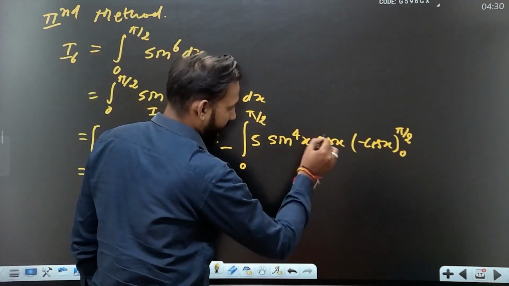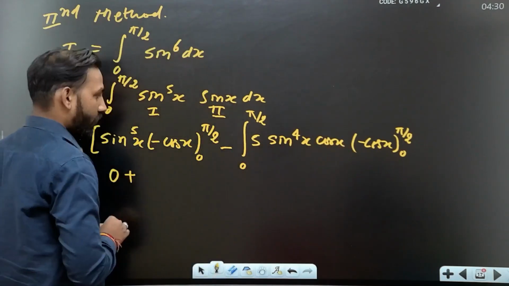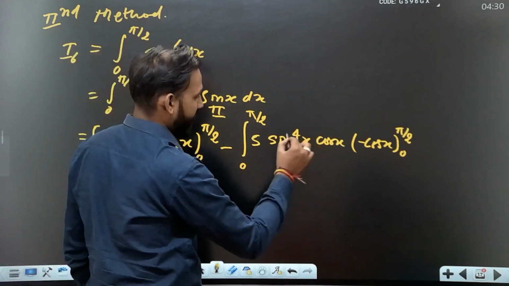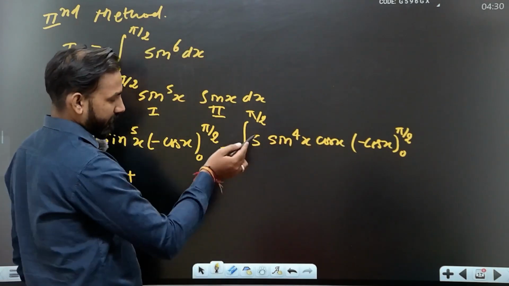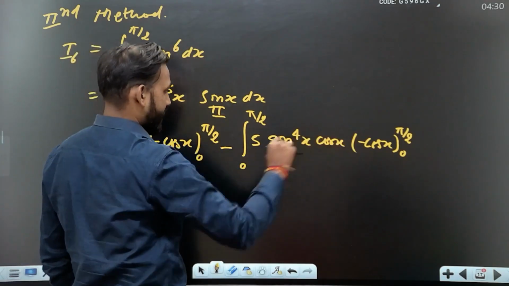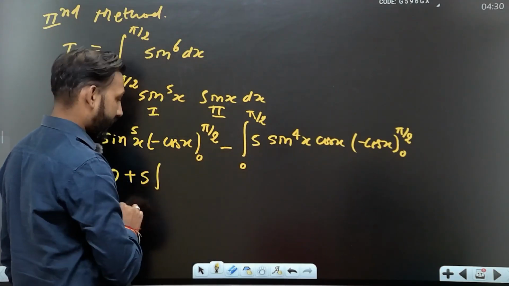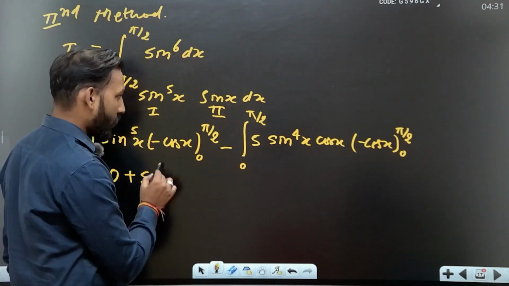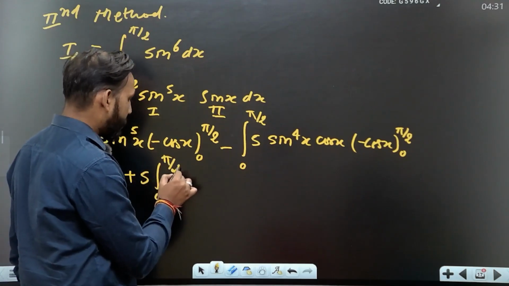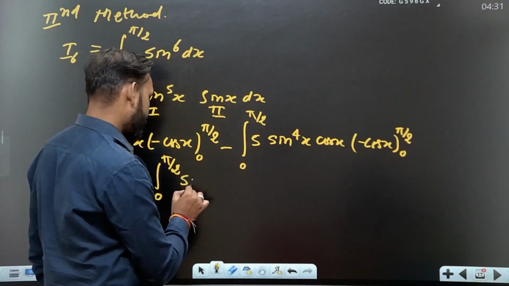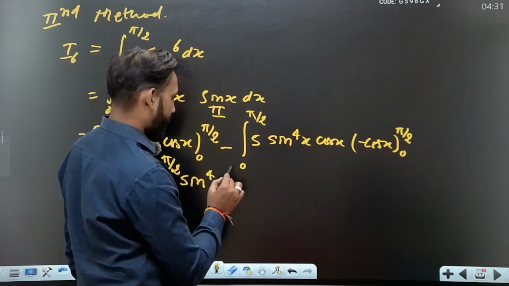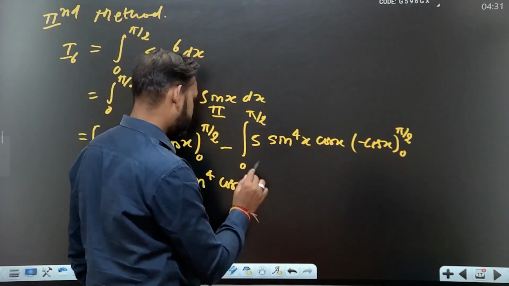Now there is minus minus, which gives plus. Five comes out, and from 0 to pi by 2 we have sin to the power 4 x cos x.